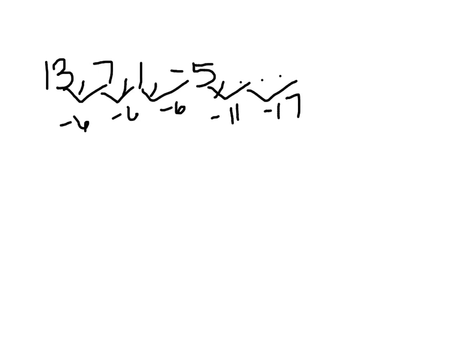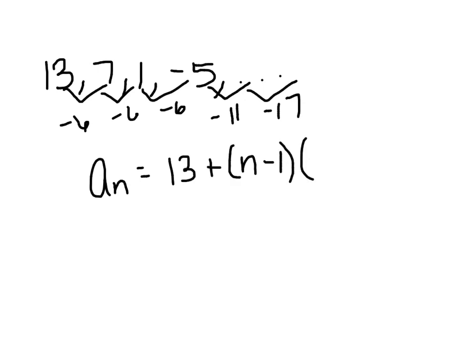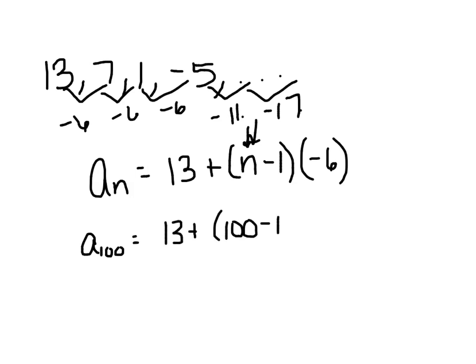Or you could find the nth term, which is the equation. Again, we started with 13, n minus 1 doesn't change, and the common difference is negative 6. That's my nth term. I could put in 5 in this case and 6 in this case, and hammer it out, and it should come out to negative 11 and negative 17. A lot of times they'll also ask you to find the 100th term, which means you put 100 in there and see what you get.